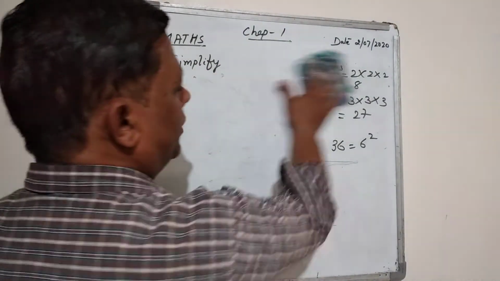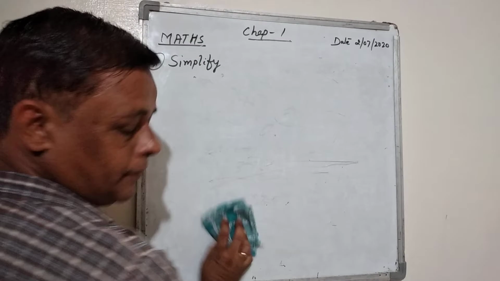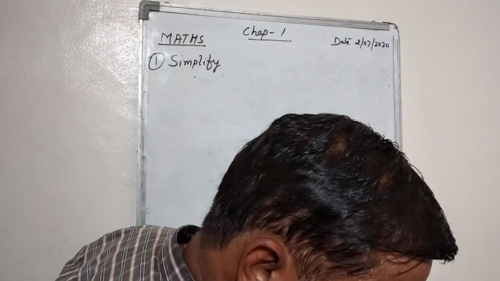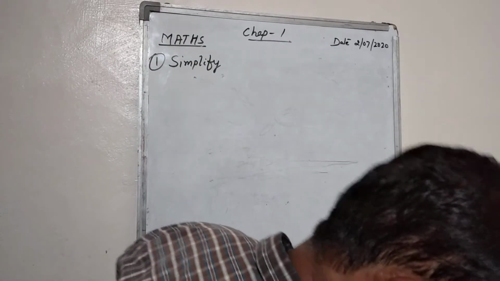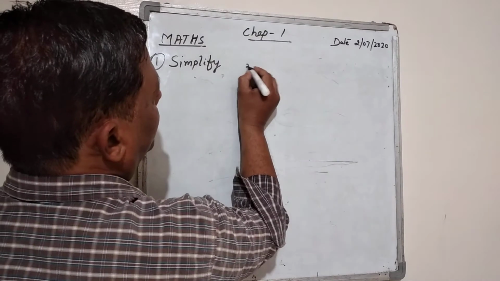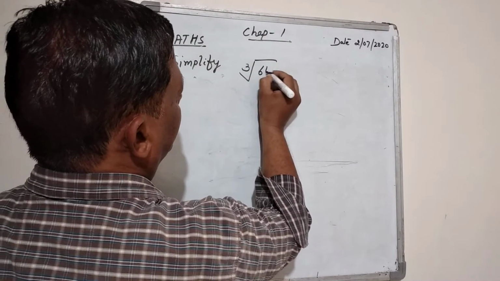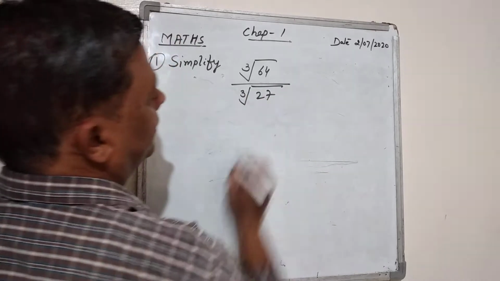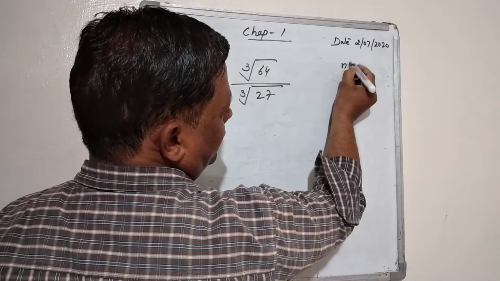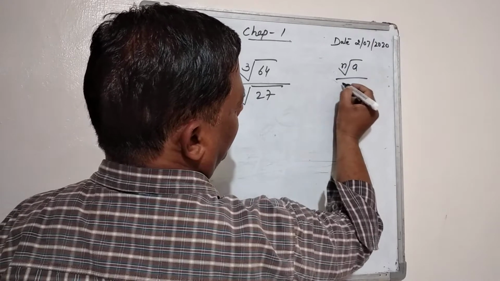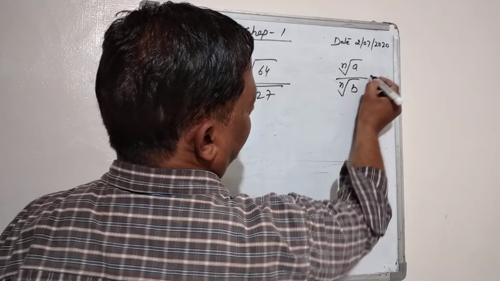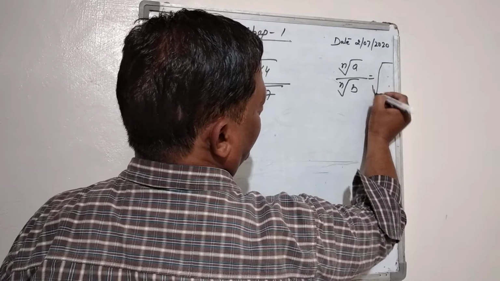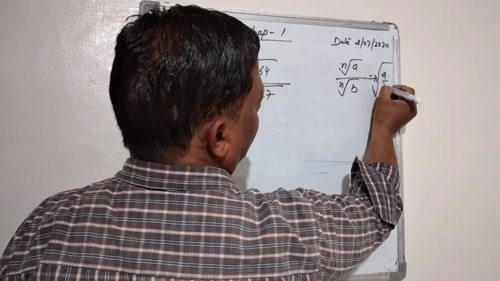Now we have more examples, that is cube root of 64 upon cube root of 27. If we have nth root of a upon nth root of b, then we can write whole nth root of a by b.